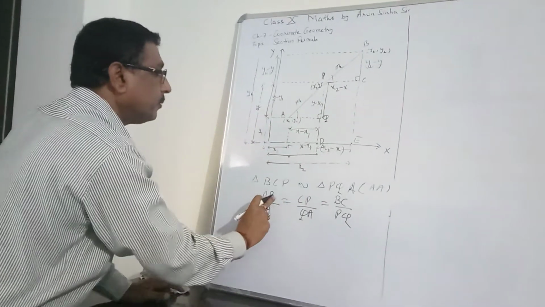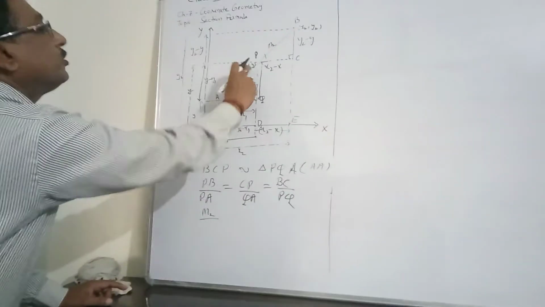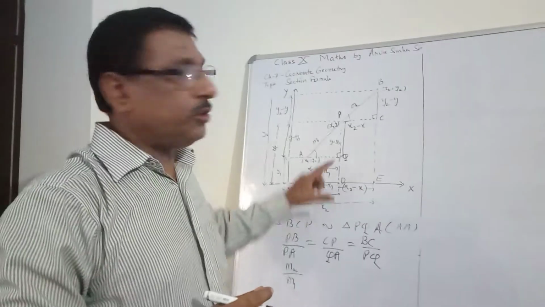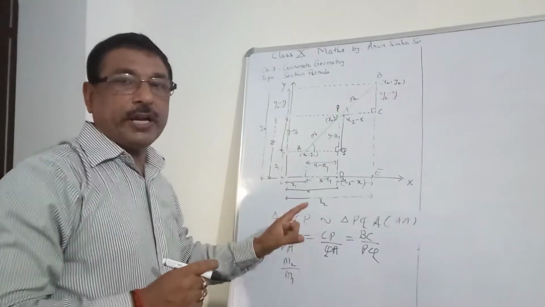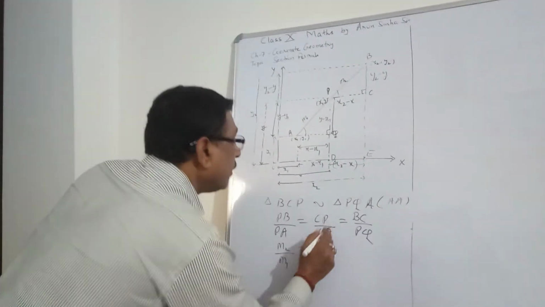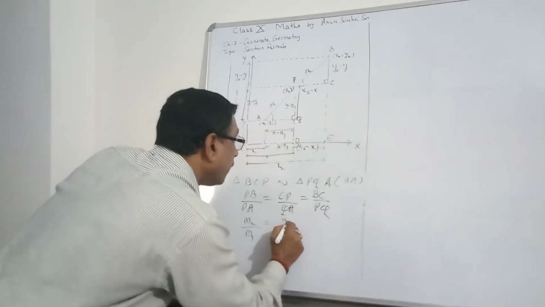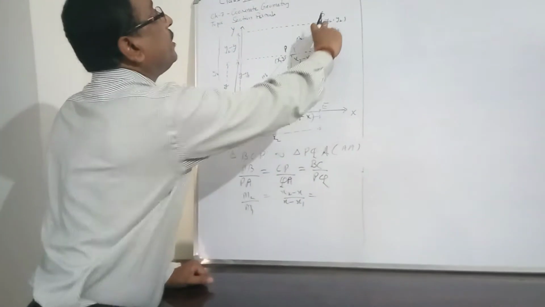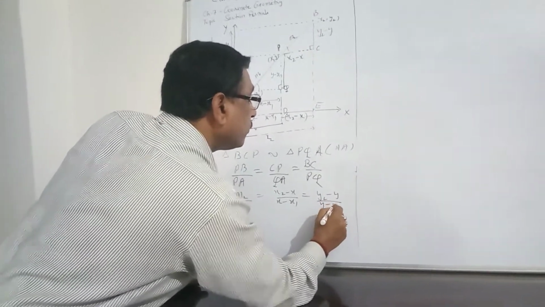Now put the value: PB is M2 and this part is M1. Remember this thing, this is not the length, this is the ratio. The ratio of lengths is also equal to the ratio of the sides. So now you can see CP is x2 minus x upon x minus x1, and BC is y2 minus y upon y minus y1.